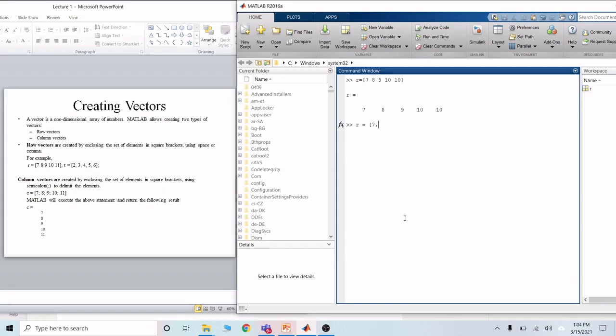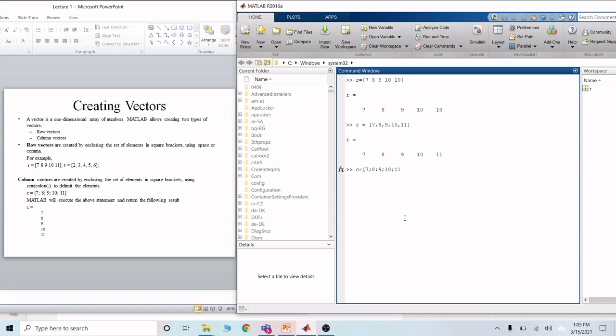7, 8, 9, 10, 11. You can use space or comma for the row vector. And for the column vector, C is equal to 7, semicolon 8, semicolon 9, semicolon 10, semicolon 11.